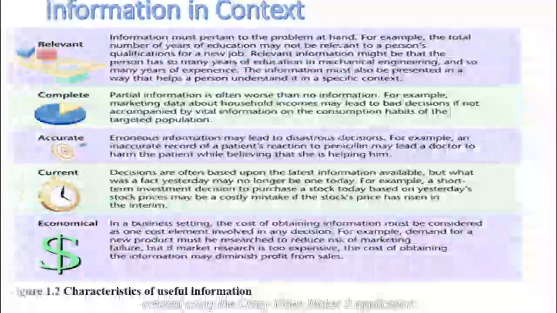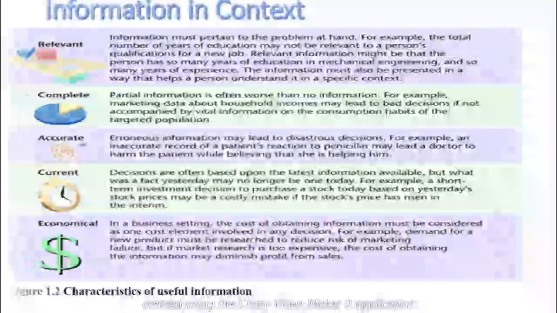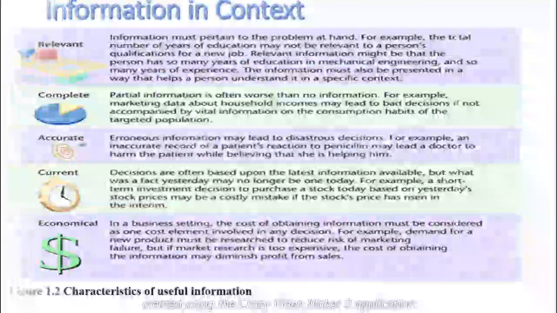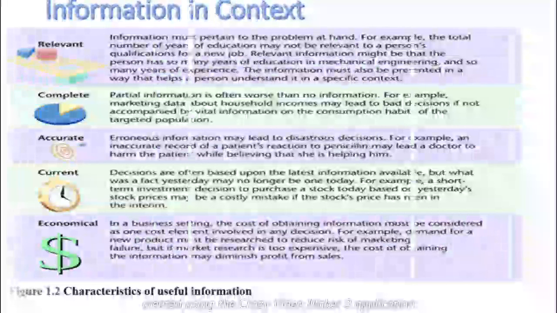Because when you have error in any information you are collecting, it becomes a problem. Instead of solving a problem, you are creating more problems on top of the problem at hand. So that is why, in this aspect, for the data you are collecting, or for the information that will be useful to the kind of business you are doing, you need to be accurate at any moment.